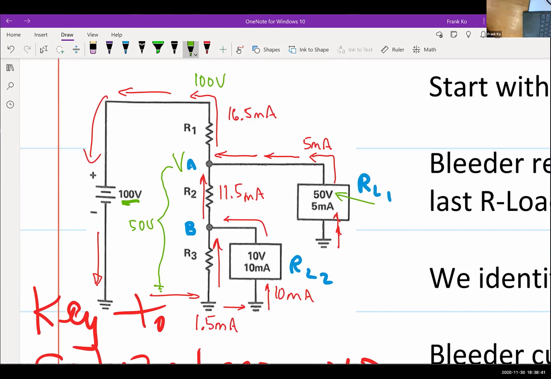So VR1 should be 50 volts, yes? I start with 100, lose 50, and end up with 50 at point A, which supplies my RL1.